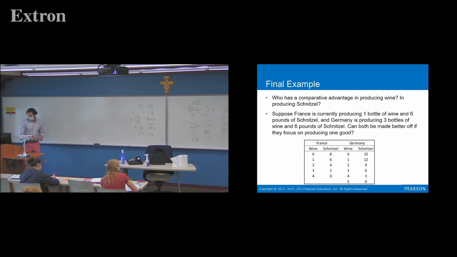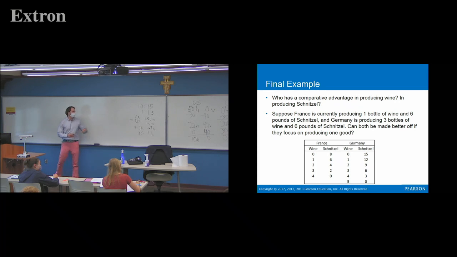And for France, for the wine, to move from 0 to 1 unit of wine, they're moving from 8 to 6 units of schnitzel. So it's a 2 unit change. So the opportunity cost is 2. They have to give up 2 schnitzels to produce 1 more wine.